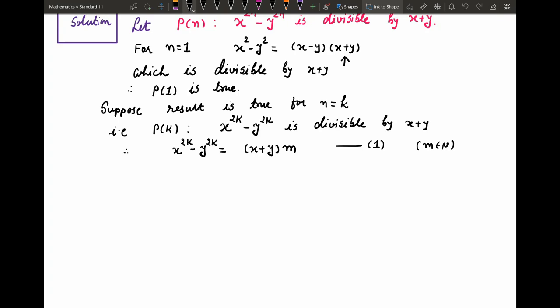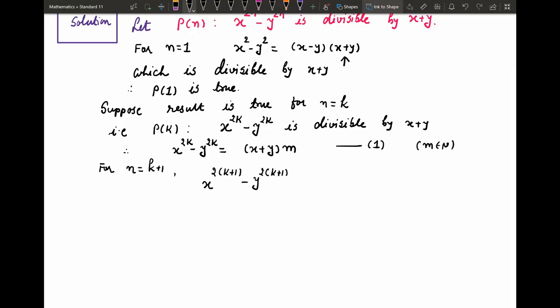Now we have to prove result is true for n equal to k plus 1. So let us prove result is true for n equal to k plus 1. So for n equal to k plus 1, x raised to 2 into k plus 1 minus y raised to 2 into k plus 1, replace n by k plus 1.